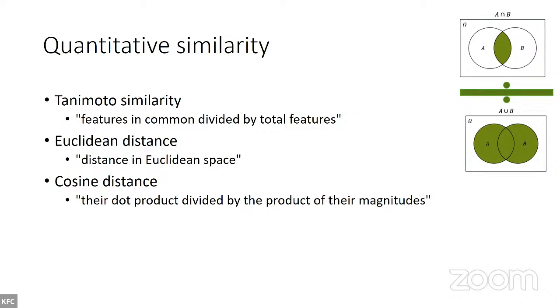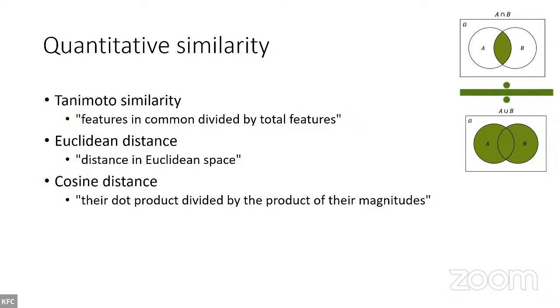On this Venn diagram display, it's as simple as you get the union of features. Let's say A is the bag of features in molecule A, B is the bag of features in molecule B. So you get the amount of common features on top, and you divide it by the total amount of features. So quite straightforward. But now imagine that as our descriptors we chose something continuous.